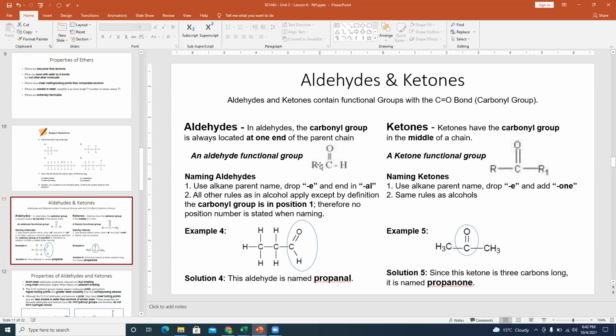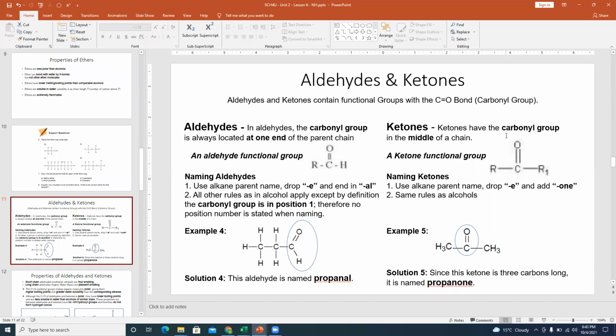If you can imagine, this R is the parent chain, however long it is, and at this end is the carbonyl group. There's nothing else beyond this except just this hydrogen.